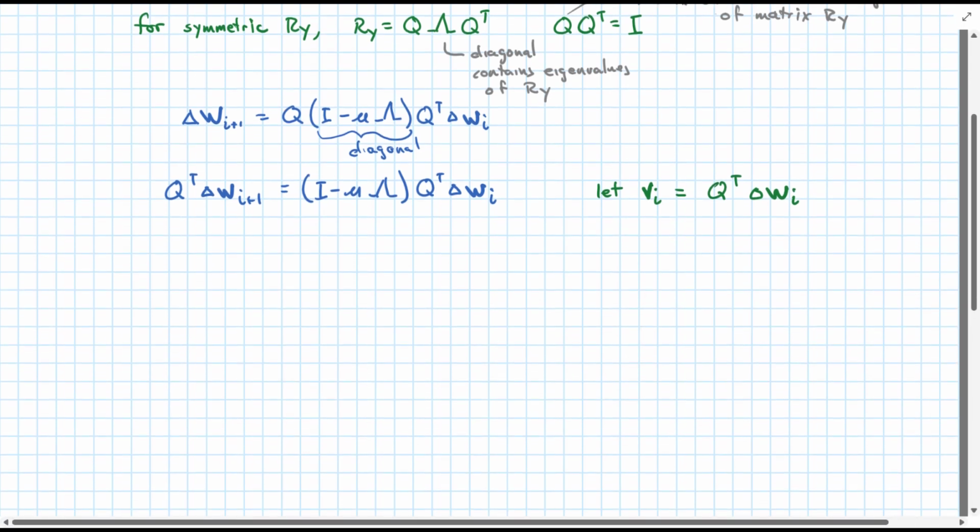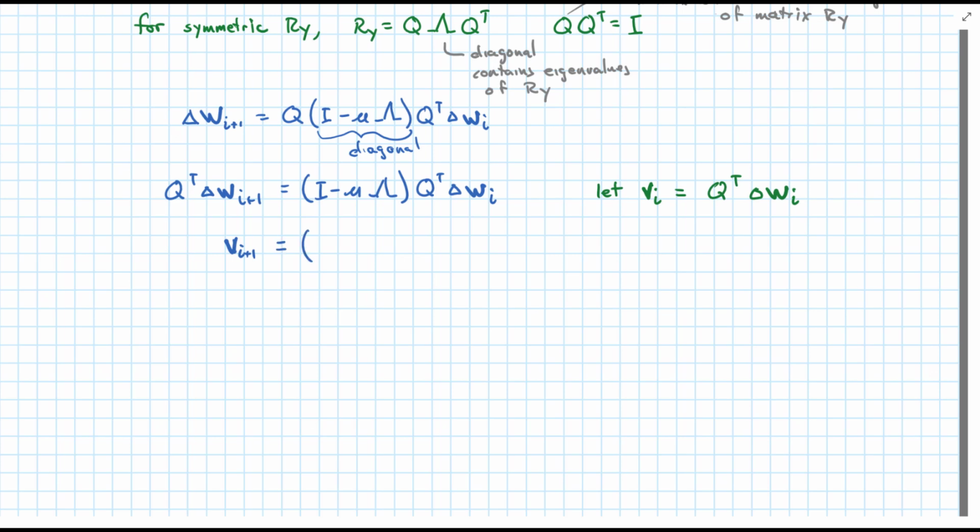That enables us to rewrite the equation one more time as V i plus 1 is equal to, now we have this nice diagonal matrix, times V i. Okay, V i is now a column vector, and since we have a diagonal matrix multiplying this column vector, that means that the elements of V i don't affect each other.